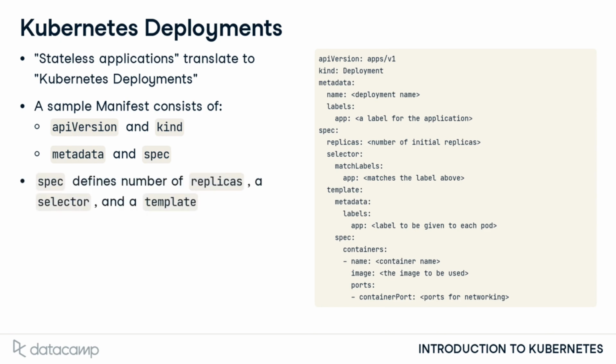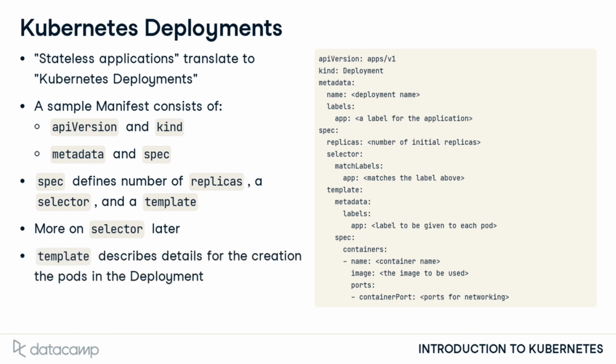For example, replicas defines the number of replicated pods the deployment should consist of. Selector is used to define how pods will be managed. Kubernetes will use the selector rule to find individual pods for applying changes. We will learn more about that later in the course.